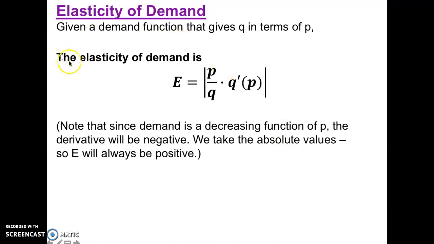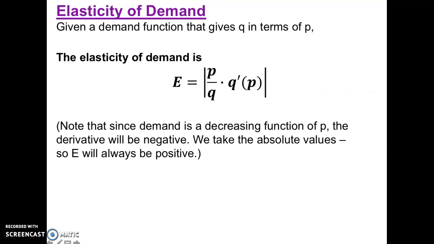In order to find the elasticity of demand, we're going to need a couple of things. We're going to need the demand price, that's P. We're going to need the demand quantity, which is Q. And we're going to need the derivative of the demand quantity in terms of price. So in order to use this formula, we have to have Q in terms of P, and we have to be able to find the derivative there.